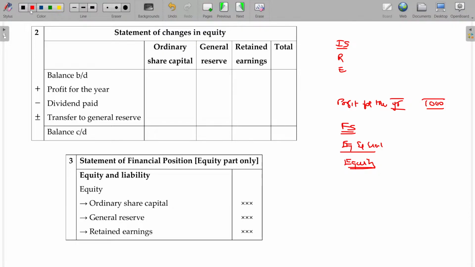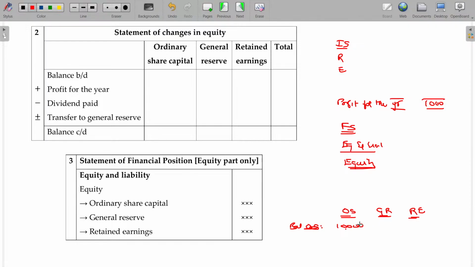Now, ordinary shares in the beginning they may have say 10,000 rupees, and this is the initial balance. And we have the general reserve as well as retained earnings also.